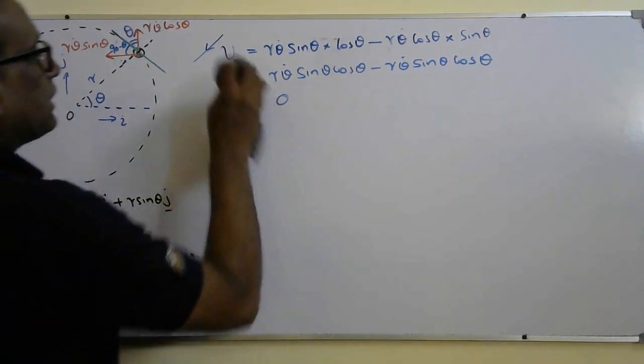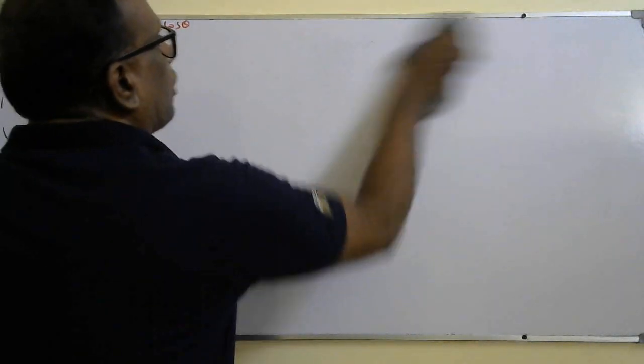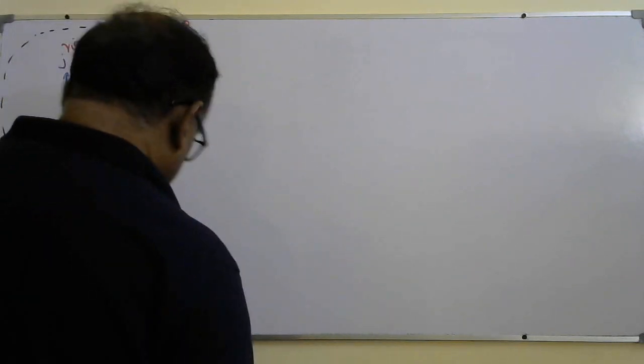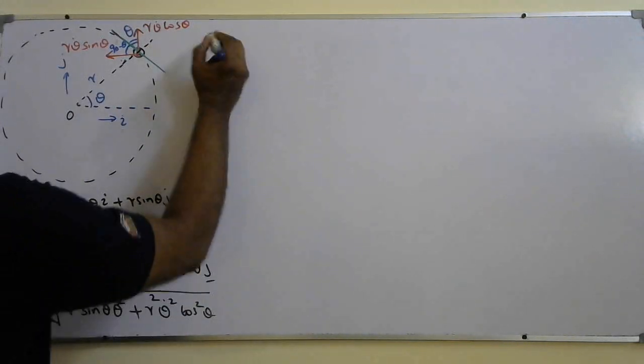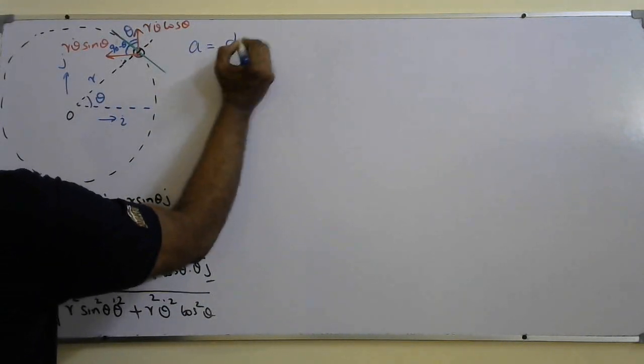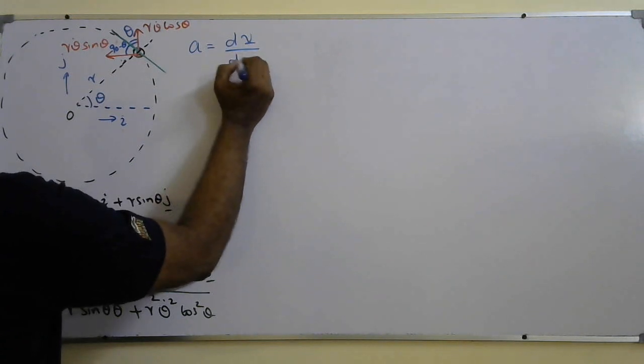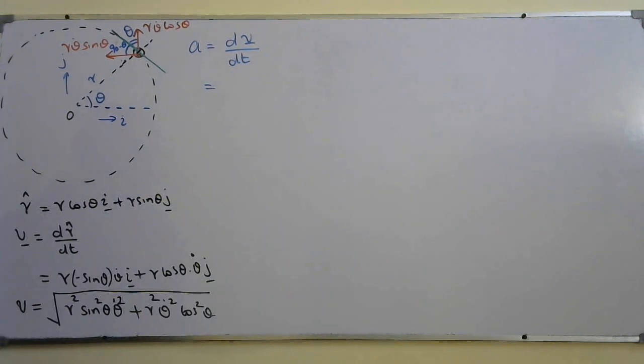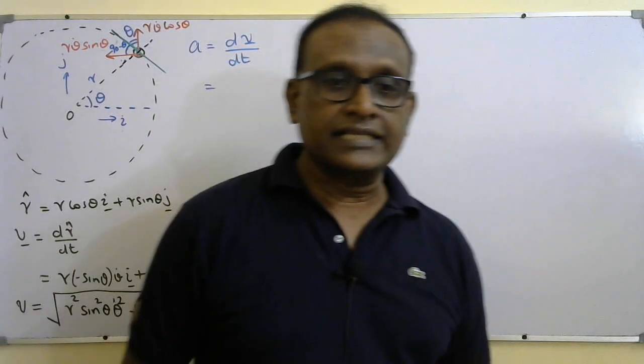So we got the conclusions. Okay, now we are going to get the acceleration vector. Acceleration is equal to dv over dt. Differentiation of velocity with respect to time is the acceleration.